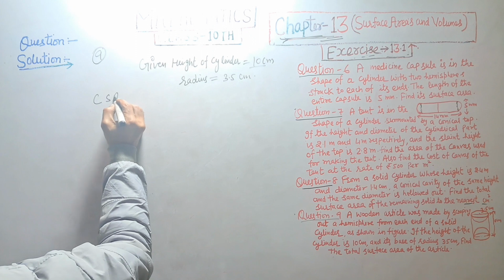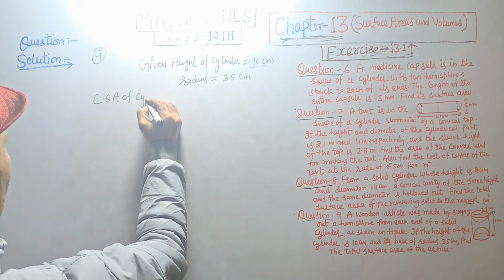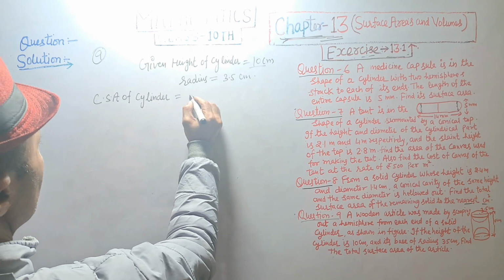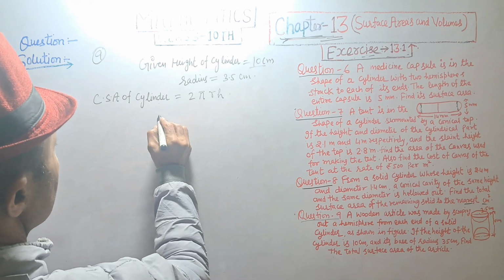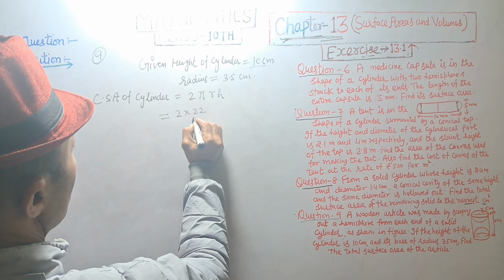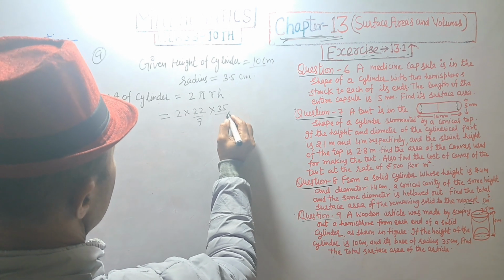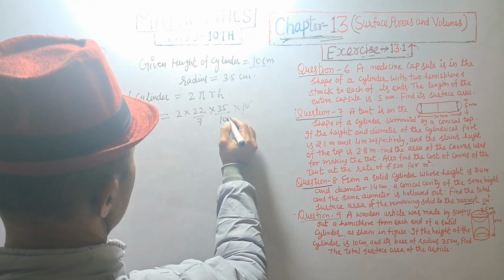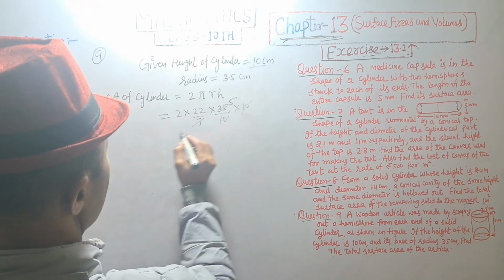Curved surface area of cylinder is equal to 2 pi r h, that is equal to 2 into 22 upon 7 into radius is 3.5, 35 upon 10 into height is 10. 10 is cancelled and 7 5s are 35.